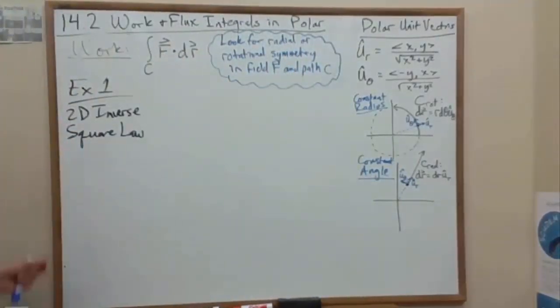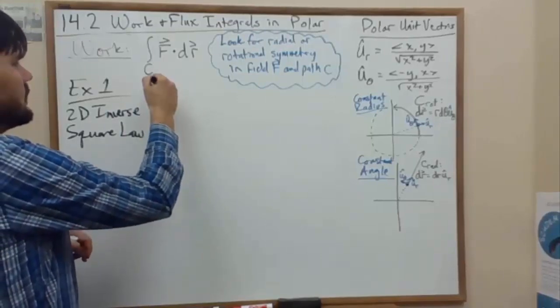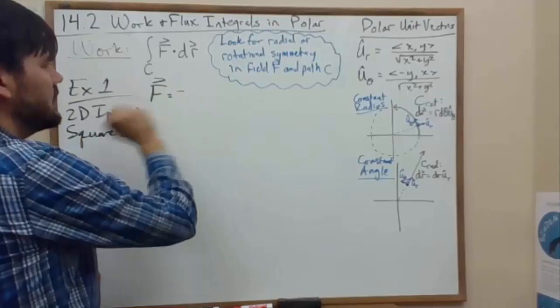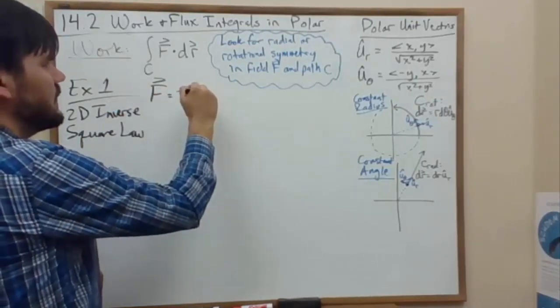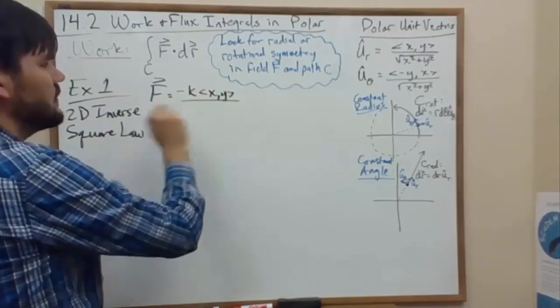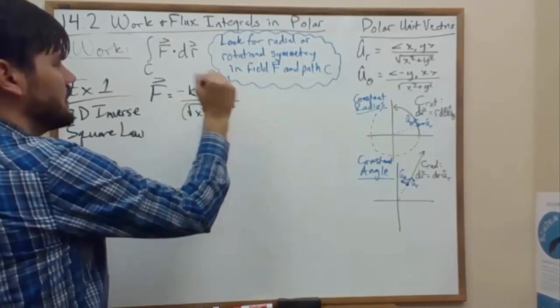So in this example, our field is described as minus k times x, y, all divided by the square root of x squared plus y squared, cubed.